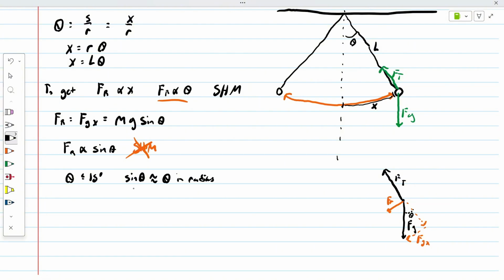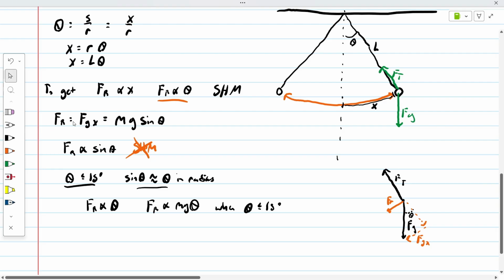Okay, so now, using this case where theta is less than or equal to 15 degrees, we can say that this restoring force is proportional to theta, because the restoring force is proportional to mg sine of theta, but we said they're about equal, so we're going to say theta only when theta is less than or equal to 15 degrees. Okay, and we could find the radians for that as well. Okay, so let's use this approximation going forward and see what we get.